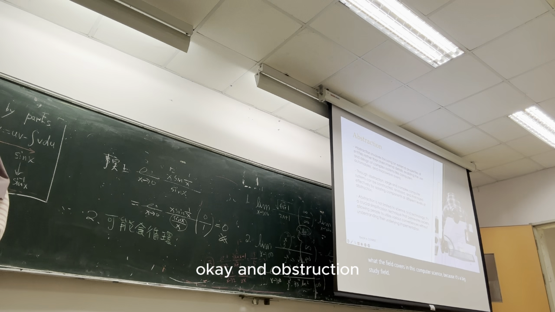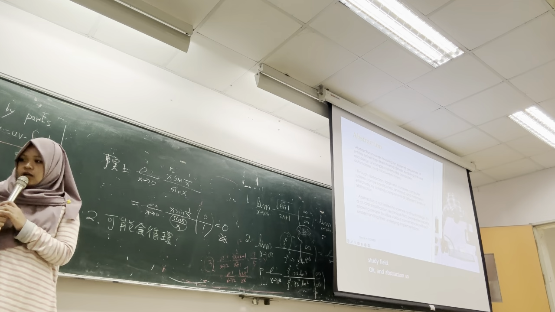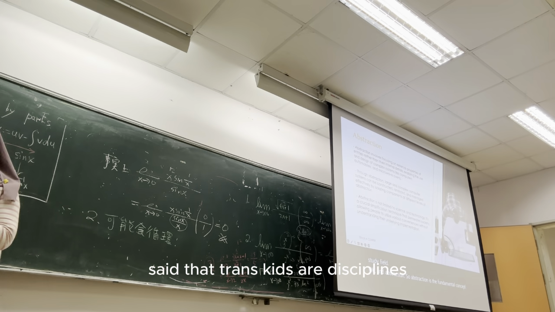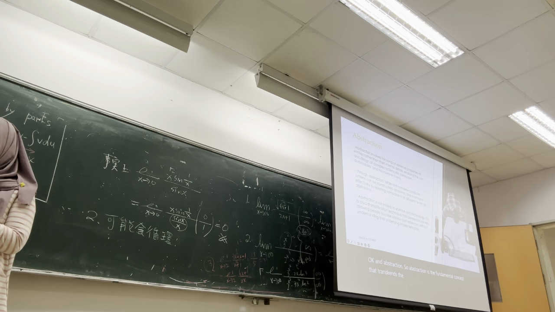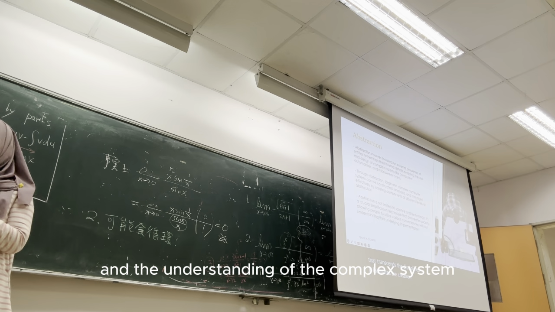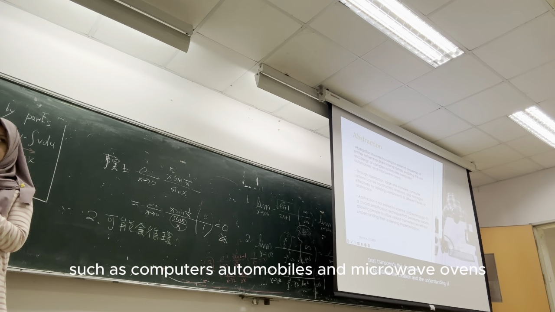Okay, and abstraction. So abstraction is a fundamental concept that transcends the disciplines. It facilitates the creation and the understanding of complex systems, such as computers, automobiles, and microwave ovens.